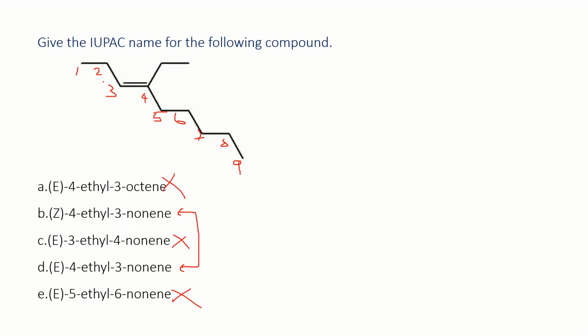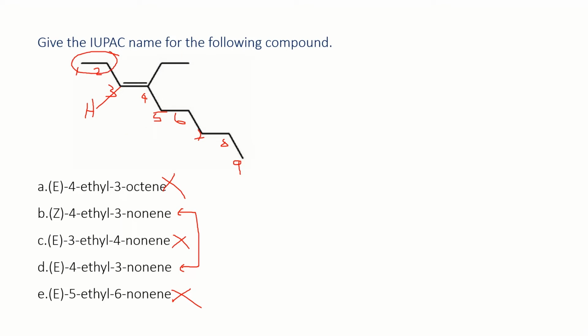Now if we move on, we will notice that we either have the option of the E or Z. And if we look at carbon 3, we'll note that the ethyl group is of larger priority than the hydrogen.